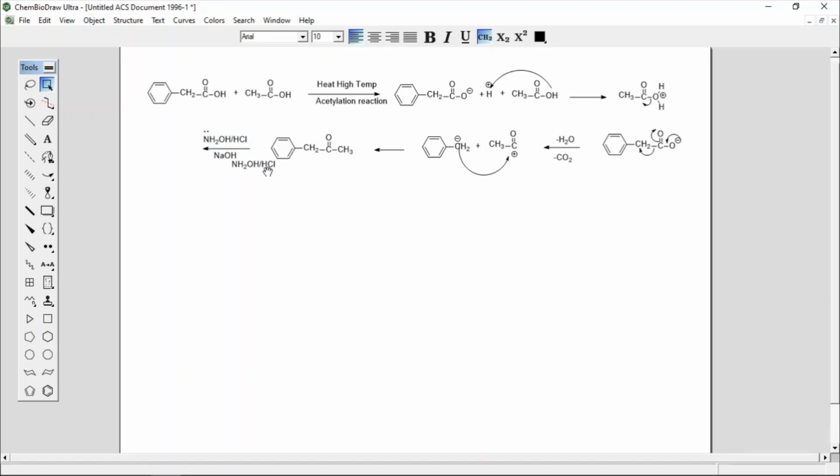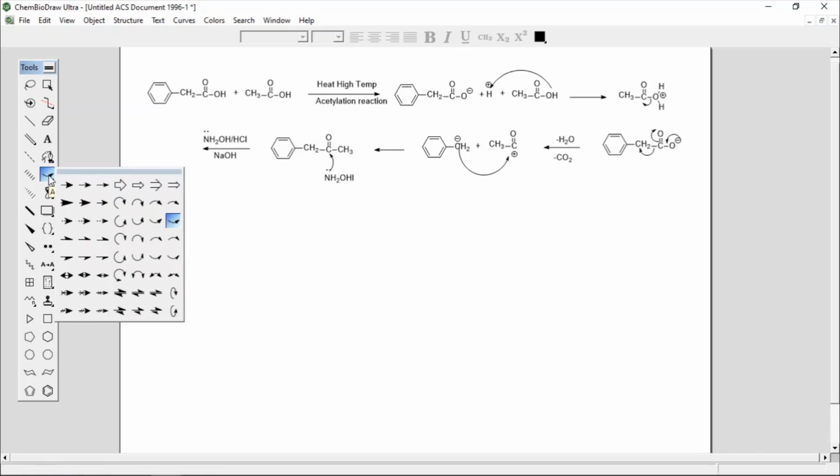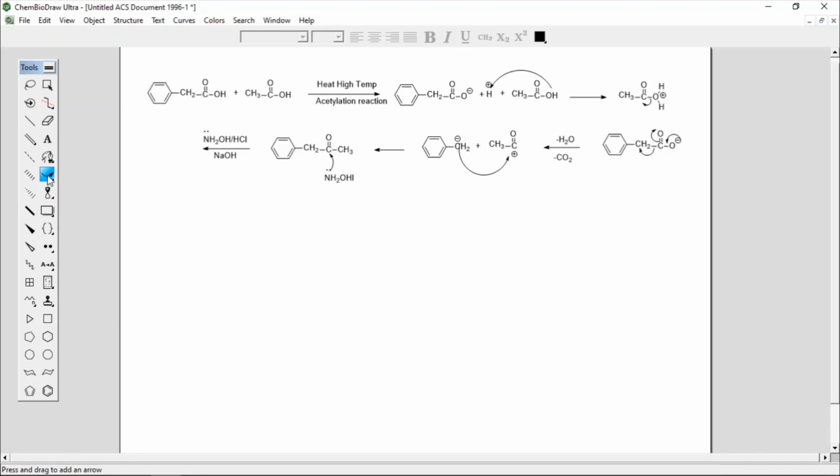Okay, so for our understanding I am writing here NH2OH and HCl, easy for us. This nitrogen lone pair will attack on the carbonyl carbon of phenyl acetone.